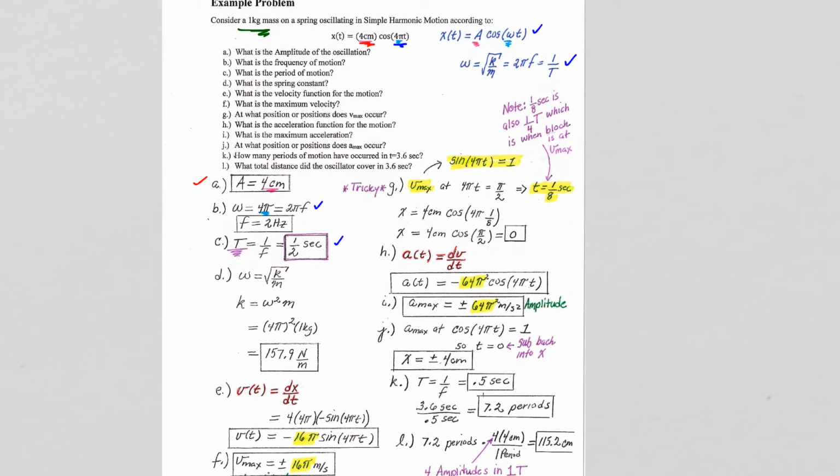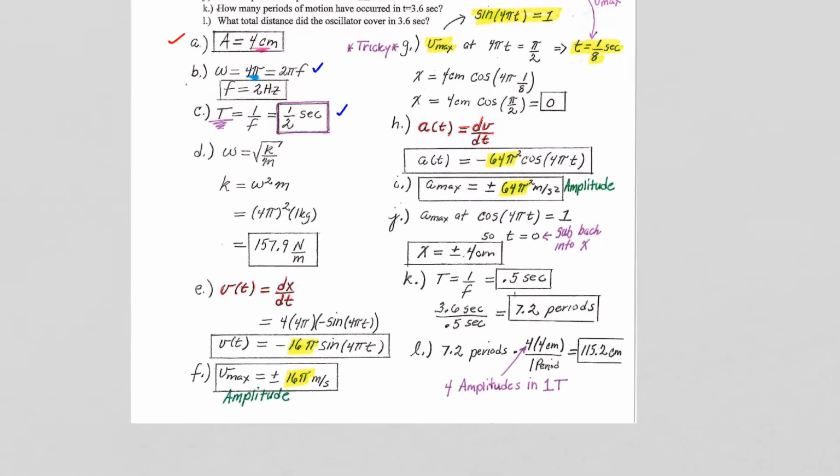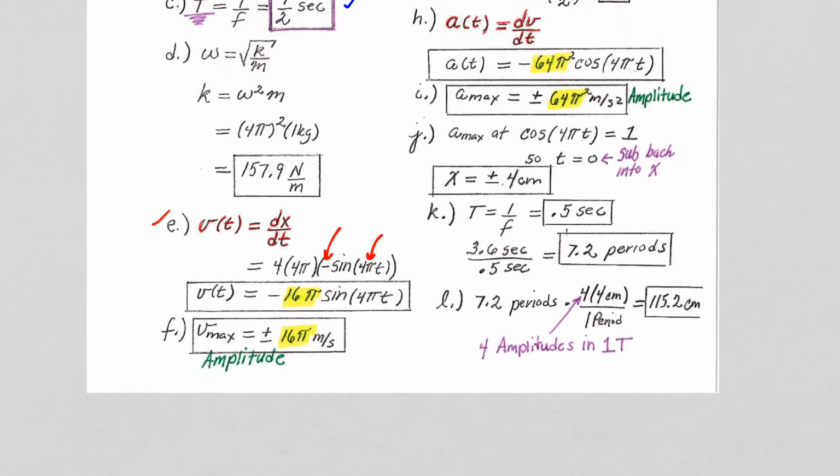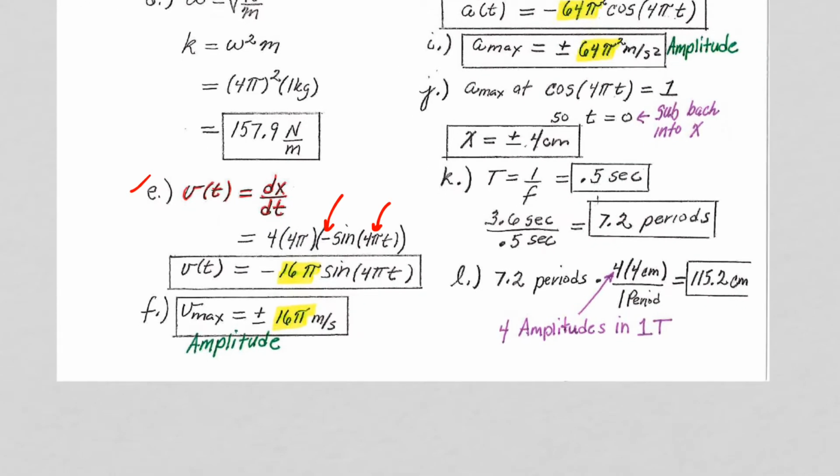Throw our calculus into the mix here. If we take the derivative of our position function, the derivative of cosine is opposite sine theta d theta, so that's why we pick out another 4 pi here.